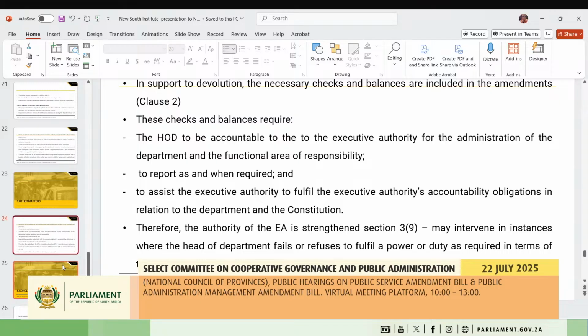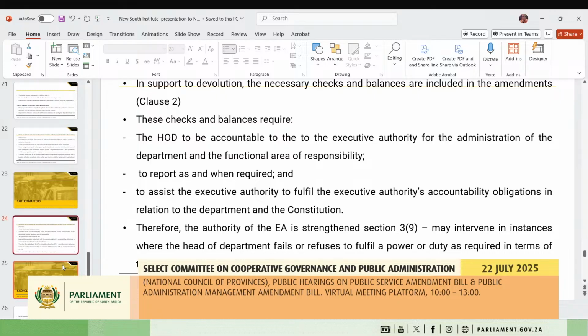These checks and balances include that as you devolve these administrative powers, the HOD must be held accountable to the executive authority for the administration of the department and the functional area of responsibility. They must report as and when required. That's an agreement between them and the executive authority.